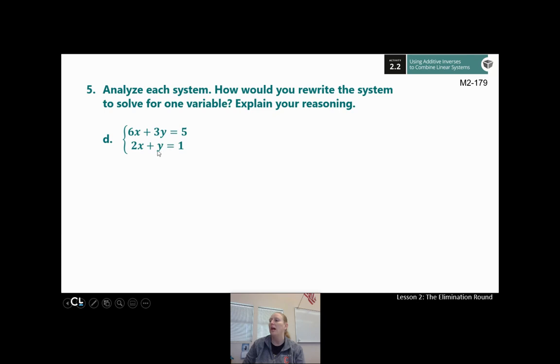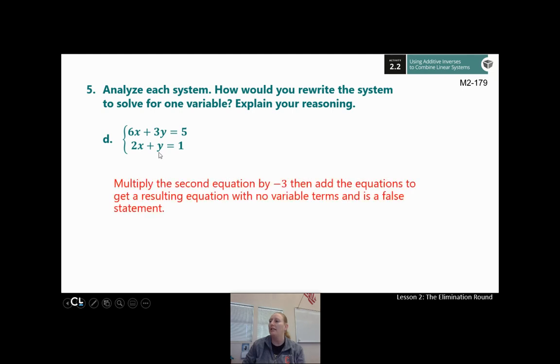Oh, look, naked y. You know what to do here. The only thing is this one got weird because I did decide, okay, I'm going to multiply the second equation by a -3, but I realized something. That would give me a -6x, a -3y, and a -3. So it actually kills off all of my variables.